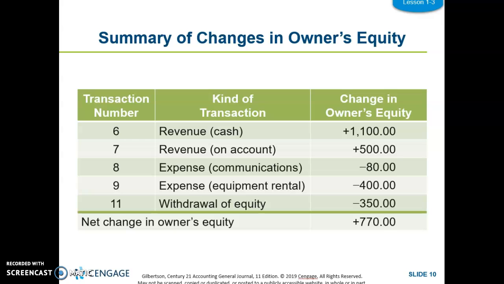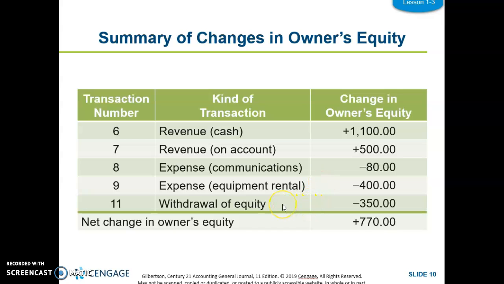So this was just a summary here of what happened to the owner's equity with the transaction numbers. When we received cash, that was revenue that increased our owner's equity. Another revenue was when we made a sale on account, which would increase our owner's equity. These two expenses will decrease owner's equity because we spent money to operate our business.